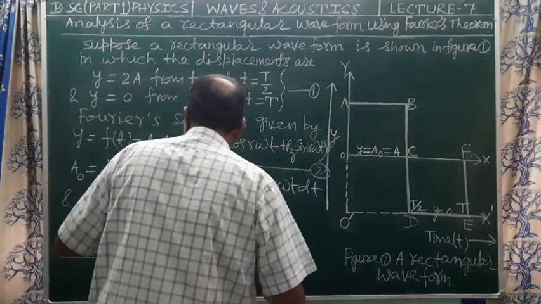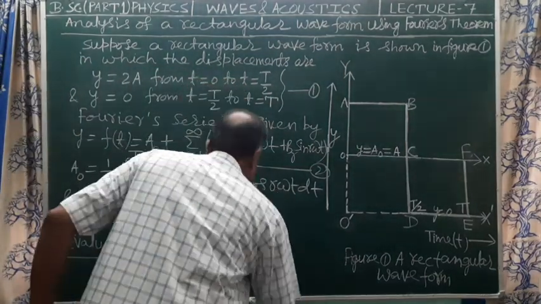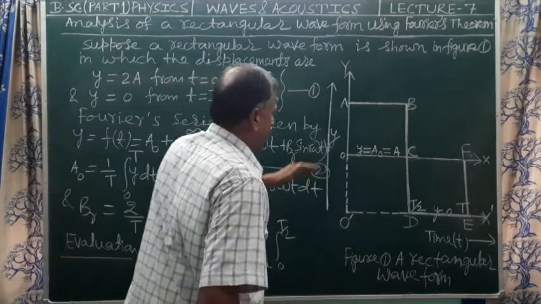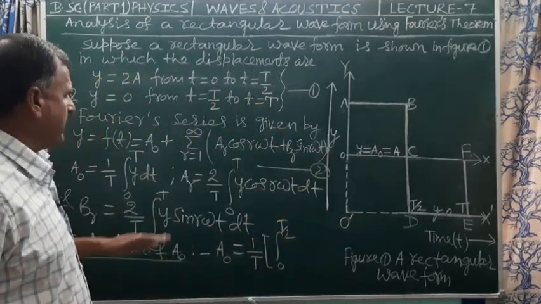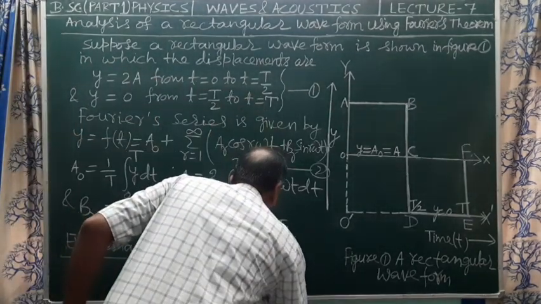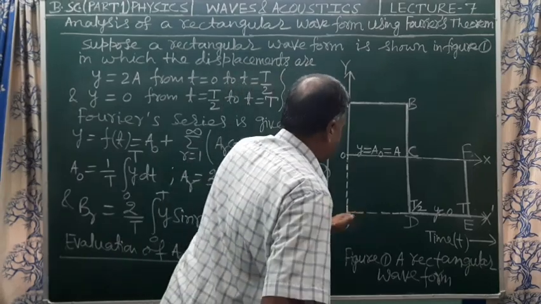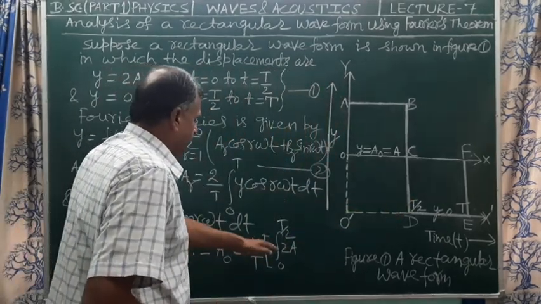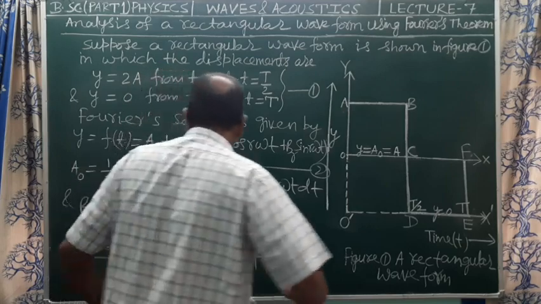So we have 1 by T under bracket 0 to T by 2 y dt. For 0 to T by 2, displacement y is 2a. So putting y equal to 2a for the time interval 0 to T by 2, it is 1 by T under bracket integral 0 to T by 2 2a dt.